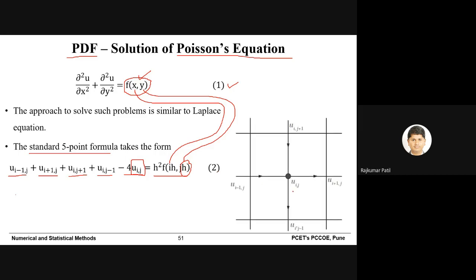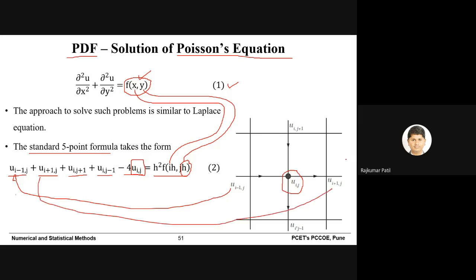So you can see here this figure we already discussed. If you want to calculate the value of u_ij, then you will use u_(i-1)j plus u_(i+1)j, then u_i(j+1), and here you can see u_i(j-1). So these are the four closest neighbors we use in the standard 5-point formula.